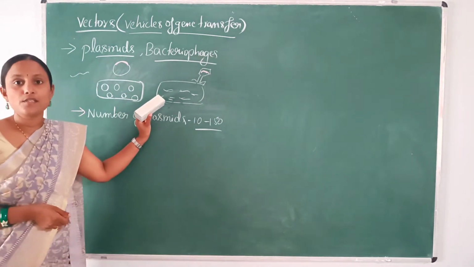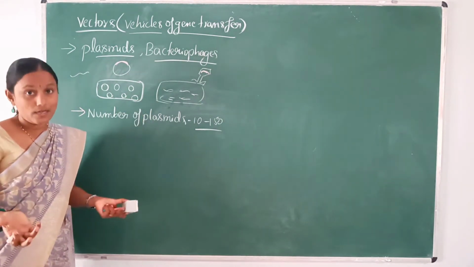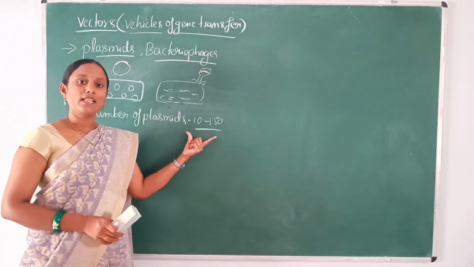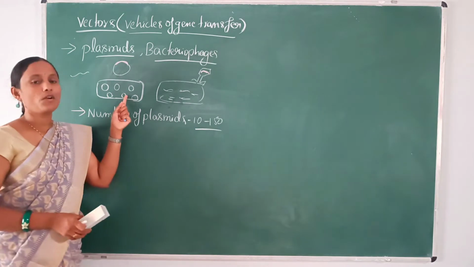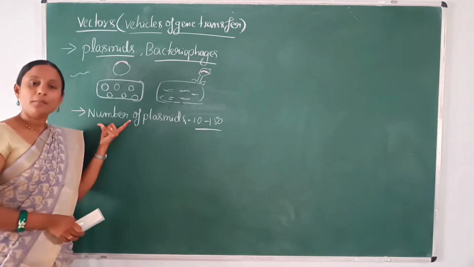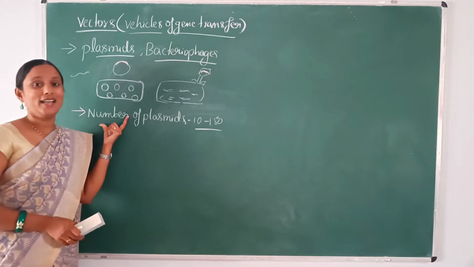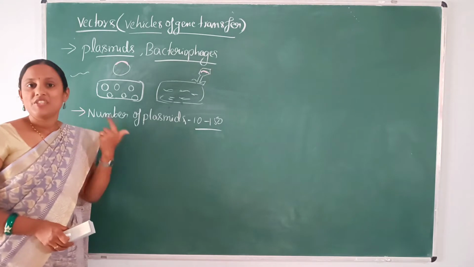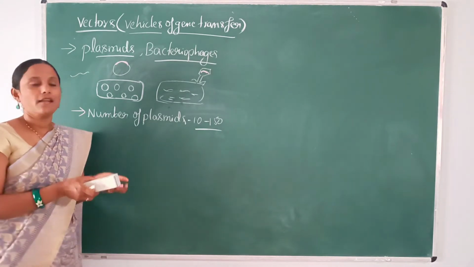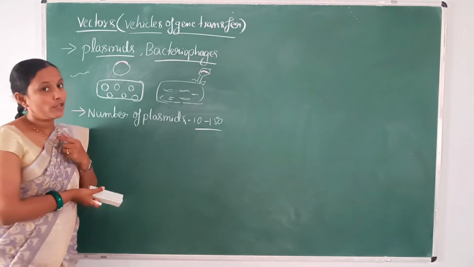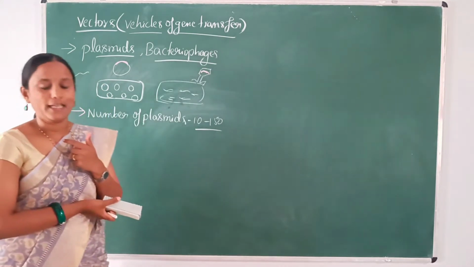And bacteriophages number is still much larger compared to the plasmid. So how much number of plasmids are there, that much number of target DNA can be produced. So that means copy number is also one of the criteria in order to use a DNA as a vector. Which DNA? Whether we are using bacteriophage DNA as a vector or we are using plasmids as a vector.